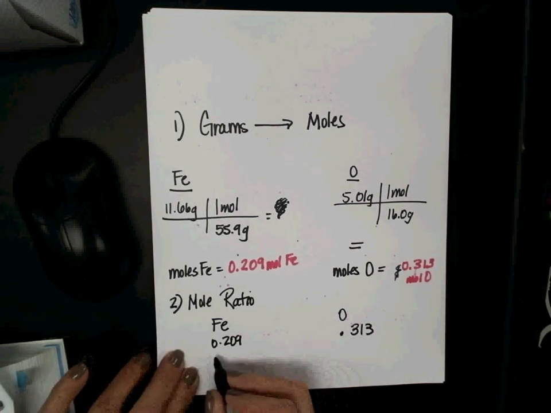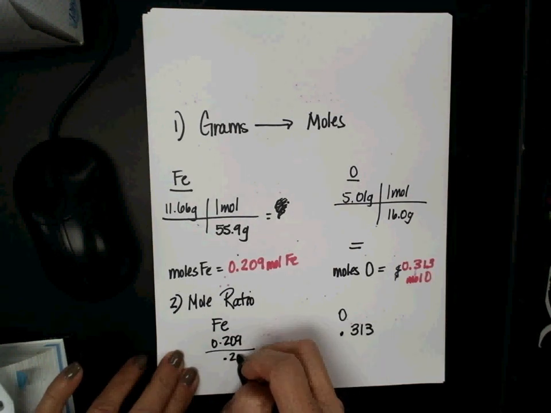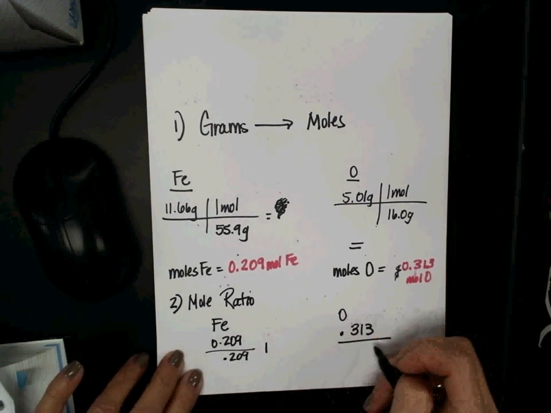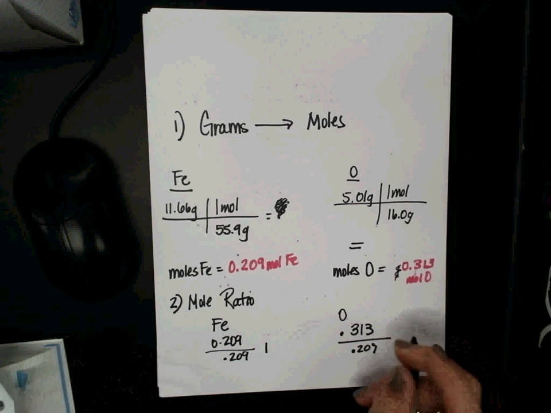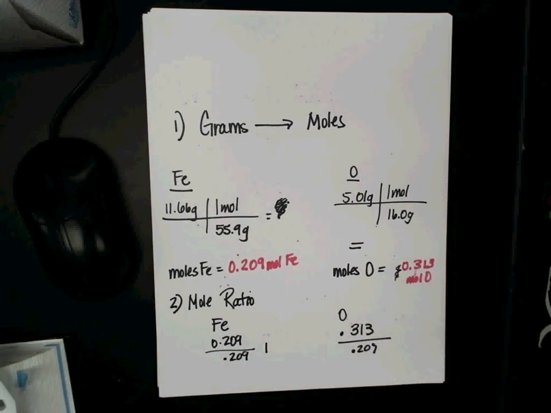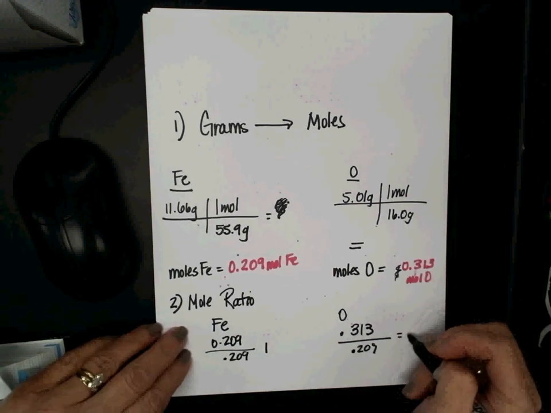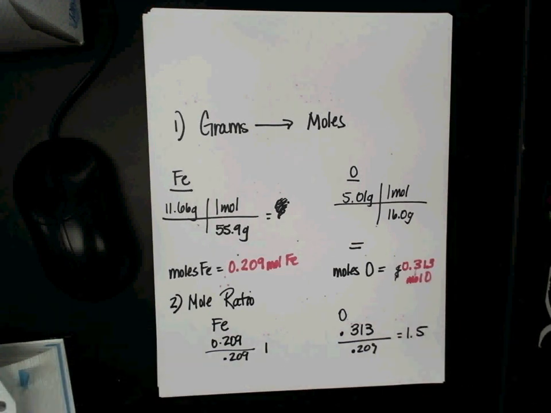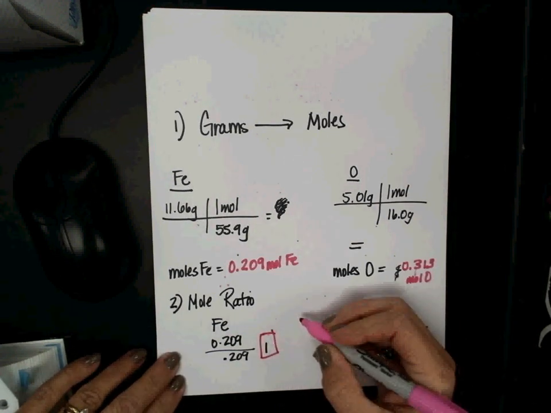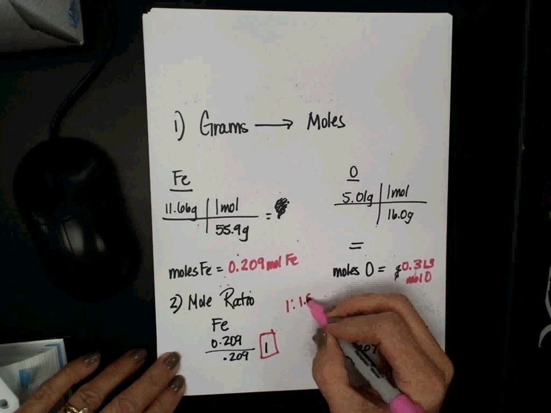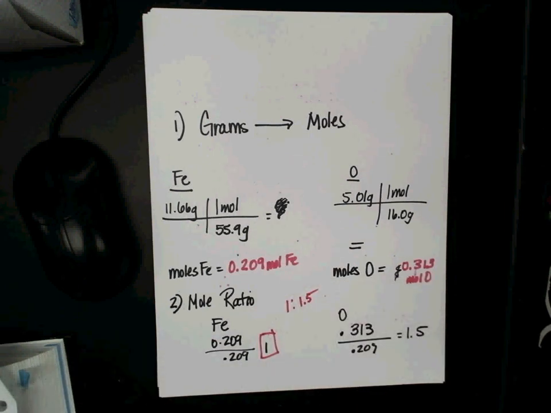So I'm going to divide through by 0.209. And that's what I get. Did you get that? A ratio of 1 to 1.5.